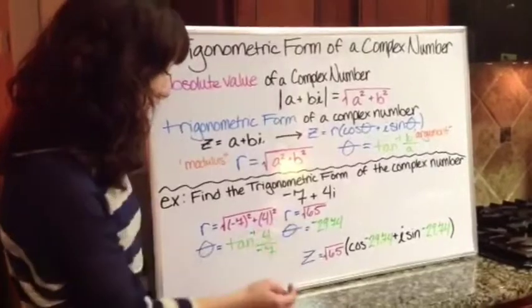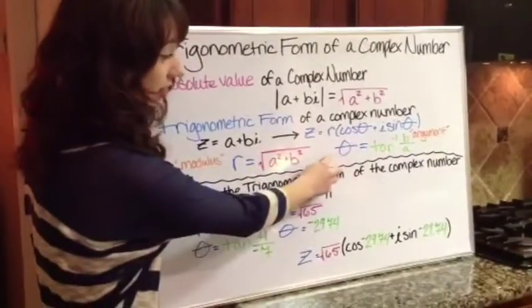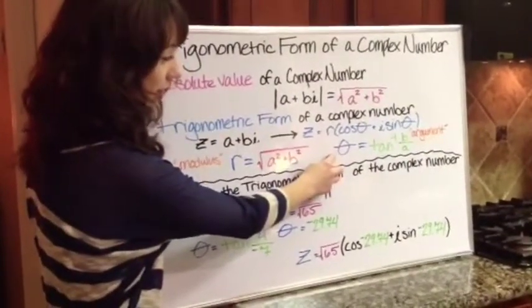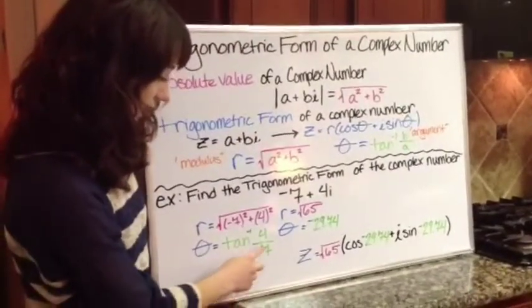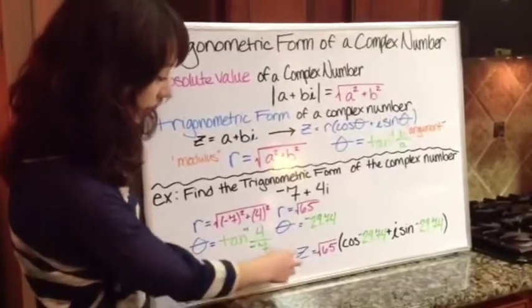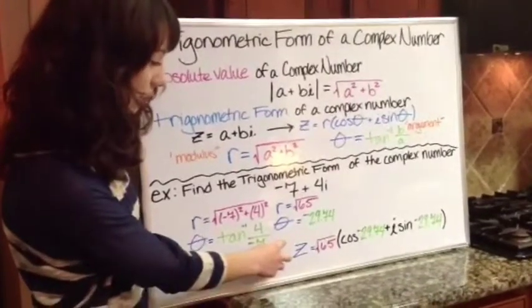Then theta is the tan inverse of b over a, so the tan inverse of 4 over negative 7, and you get theta equals negative 29.74.